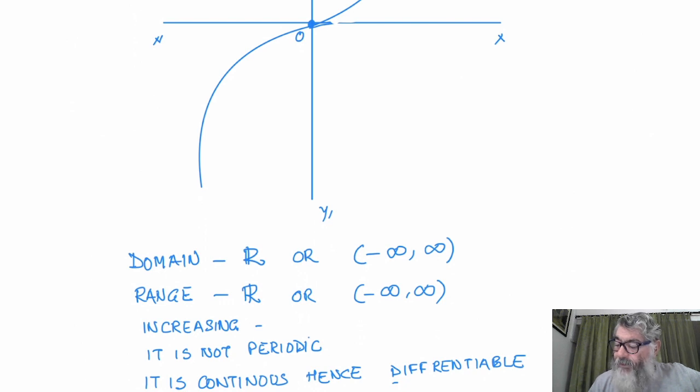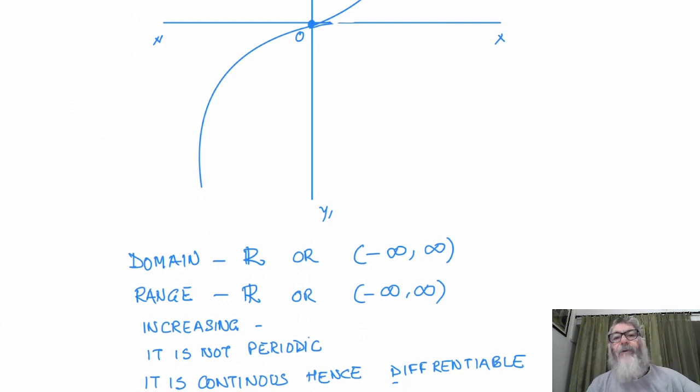In layman's language, what does bounding mean? That we are able to draw two horizontal lines parallel to the x-axis, and the graph is bounded in between those two only. It doesn't go beyond that. Then we say it is bounded. So this is not a bounded graph, neither upper bound nor lower bound.